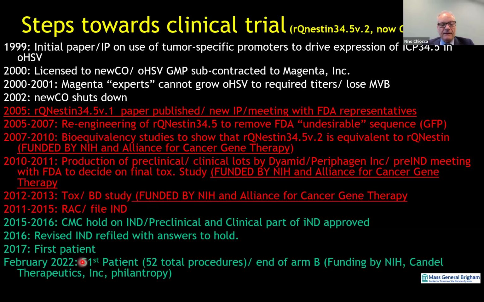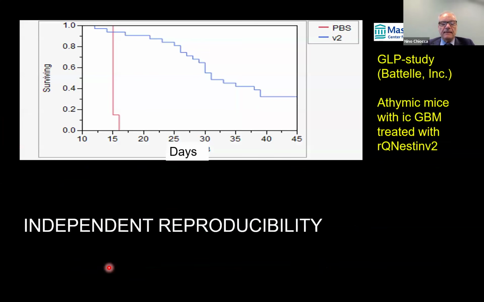This slide is a little bit old, but as of the end of 2024, we've now treated a total of 57 patients. Now, to get it into clinical trials, we had to show through the IND that the data we got in our lab was reproducible.